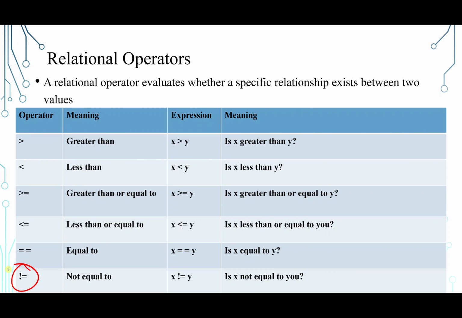When you check for not equality, this is the opposite of the equality check. This one is asking, is x equal to y? When you use not equal, which is the exclamation point followed by the equal sign, it asks, is x not equal to y?